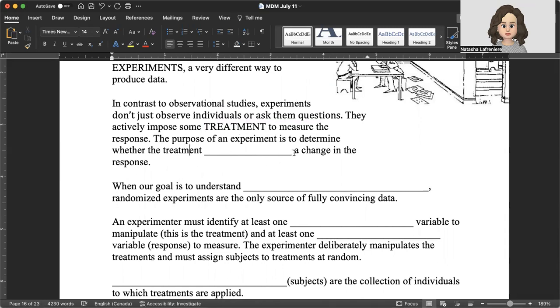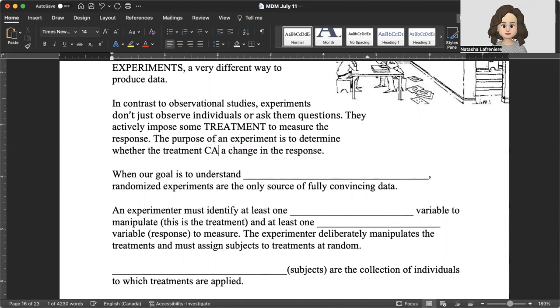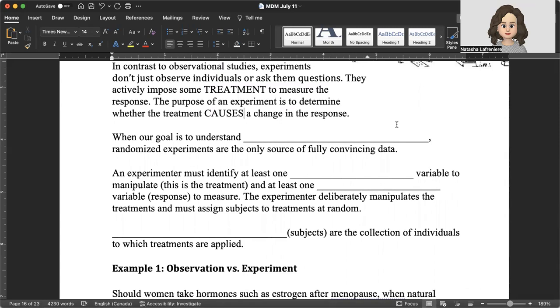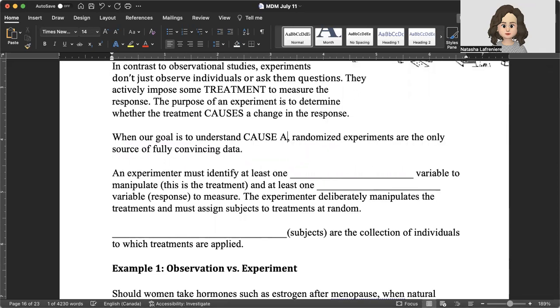The purpose of an experiment is to determine whether the treatment causes a change in the response. When our goal is to understand cause and effect, randomized experiments are the only source of fully convincing data.